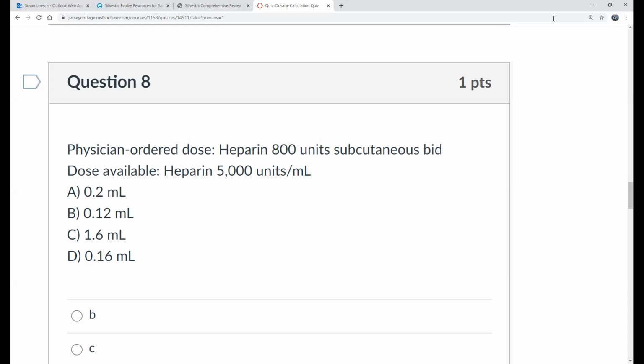Times 1. Yes. So 0.16 you should have got.